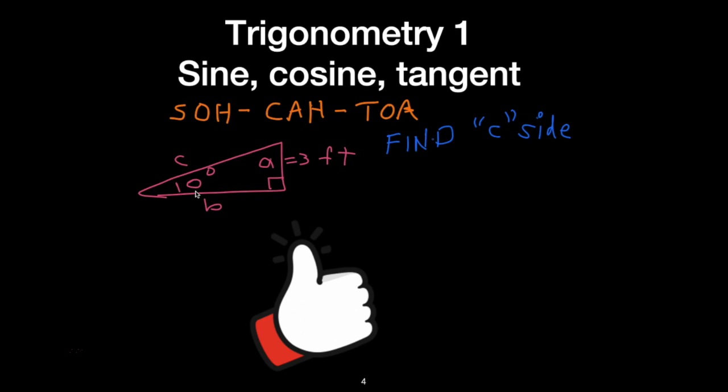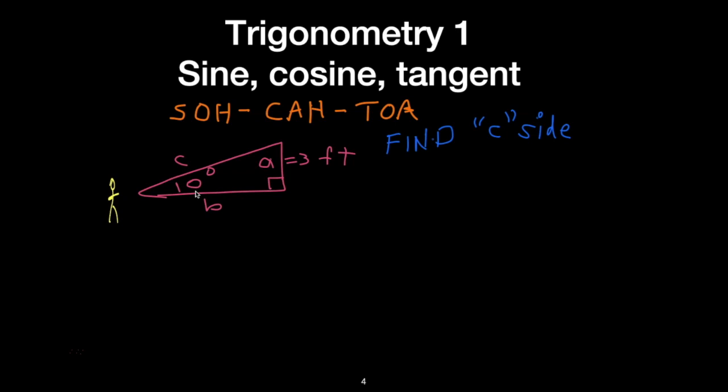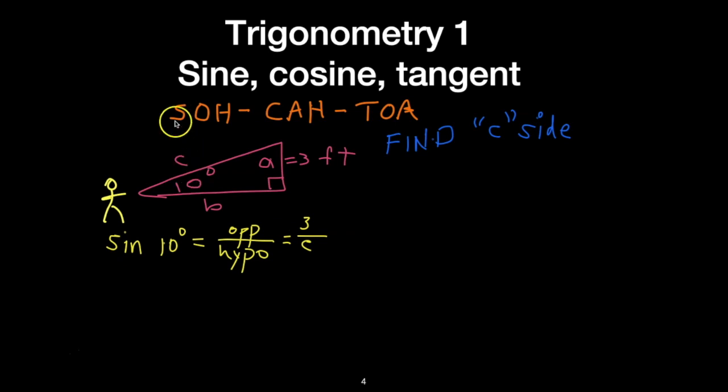Hypotenuse is the longest side. And so we know, because it's 10 degrees, the little man, which you could say is U, is at this vertex. And as he looks out, he sees A is opposite and C is hypotenuse. So of these three, he picks sine.